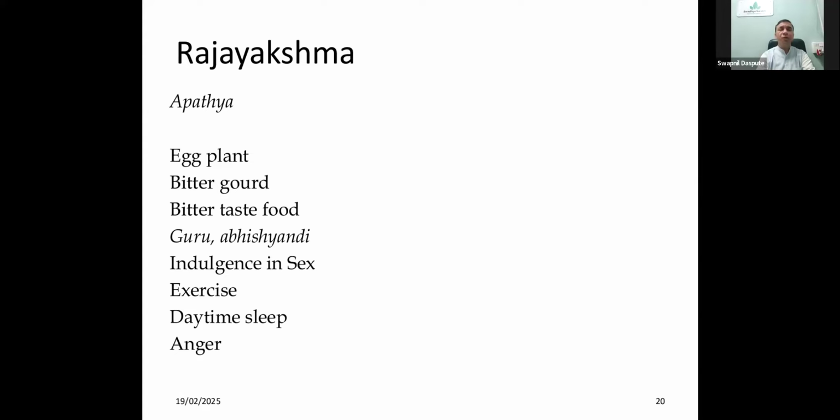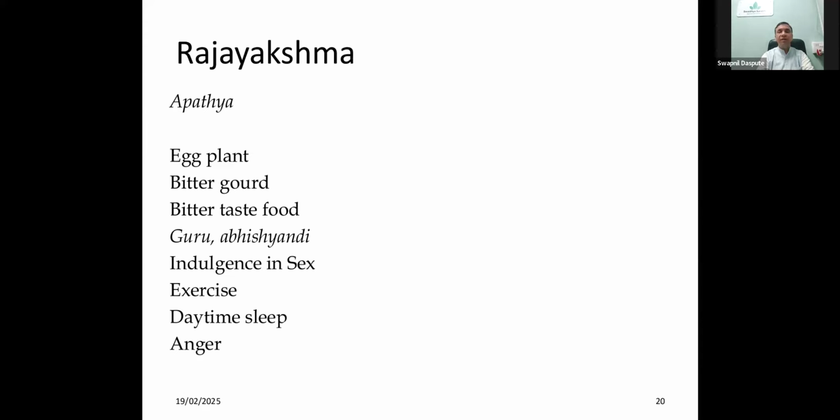Yes, good question. See, Rajakshma, once you have completed the treatment, in the classical textbooks, one of the commentaries we read says that once the patient is treated of Rajakshma and does not show any relapse of signs and symptoms for 1000 days, then you consider the patient cured completely.